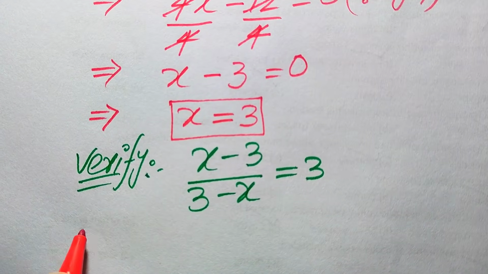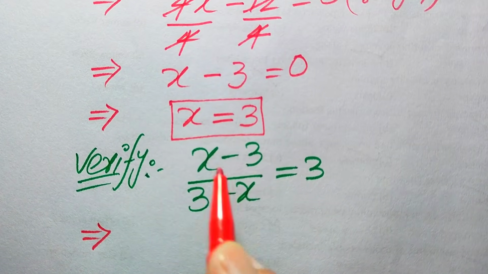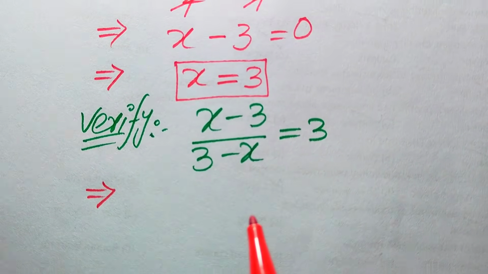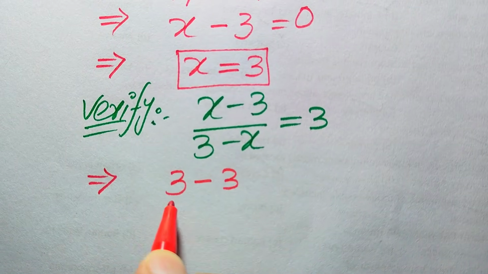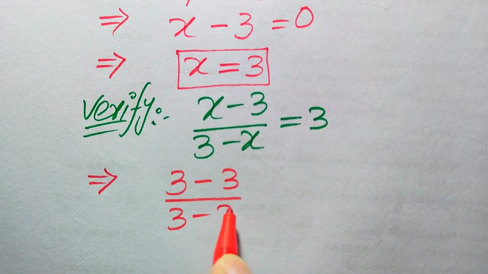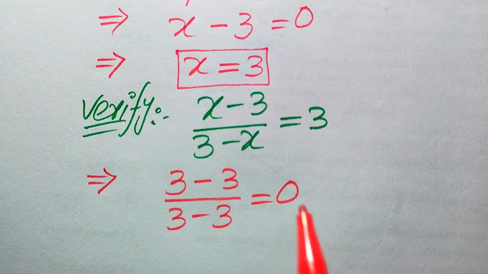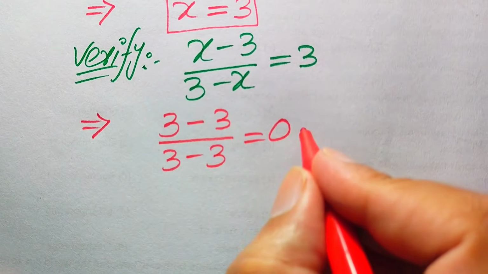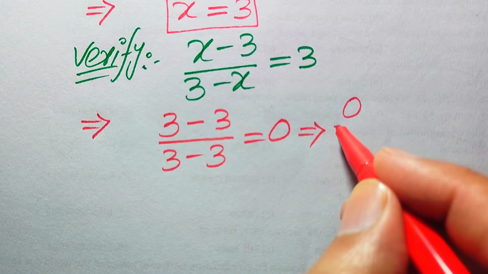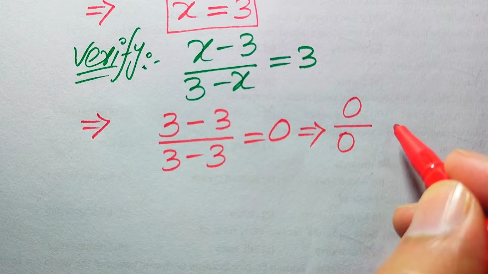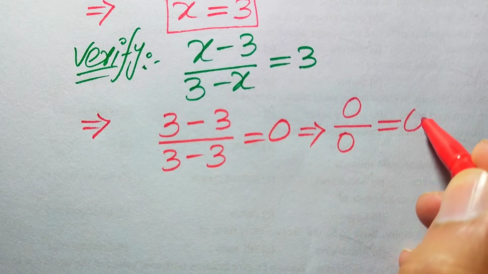Here we verify the value x equals 3. We put this value in the numerator as well as the denominator, and we get (3 − 3) divided by (3 − 3), which is 0 over 0.